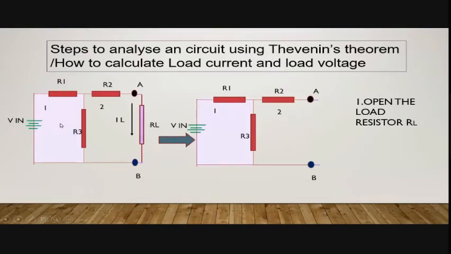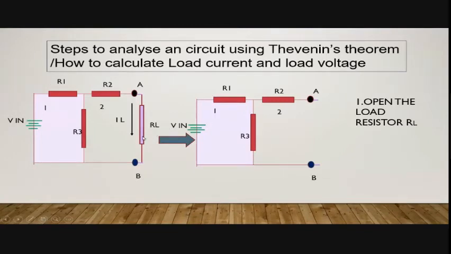Okay, and this is the EMF source, that is V in. There is only one EMF source, V in. Here you have the positive terminal, here you have the negative terminal. This is R1 resistance, R2 and R3. Now if you look at this circuit, how many resistors are there in total? R1, R2, R3 and RL.